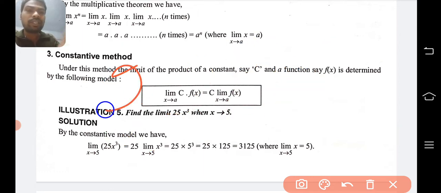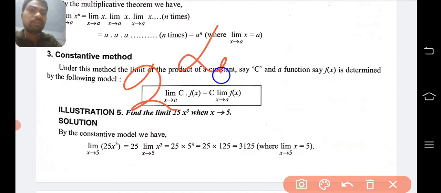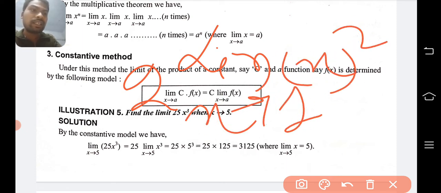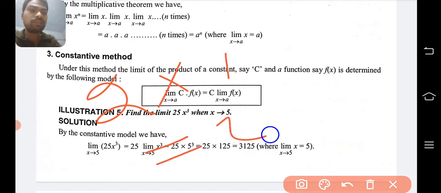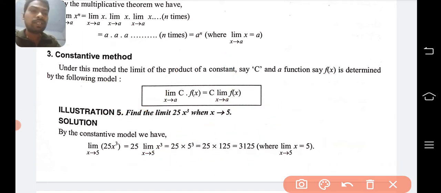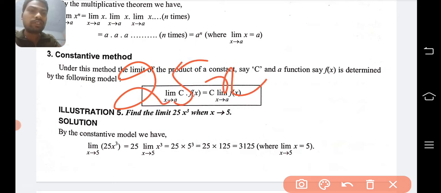Then what can we write down? 2 limit x tends to 1 of x square, this is equal to 2 into, in place of x you can write down 1, then 2 into 1, this is equal to 2. Clear? In the same way another term is given, 25x cube, where x tends to 5.